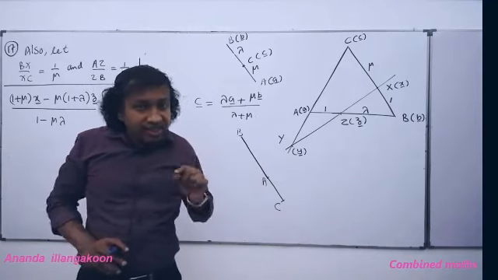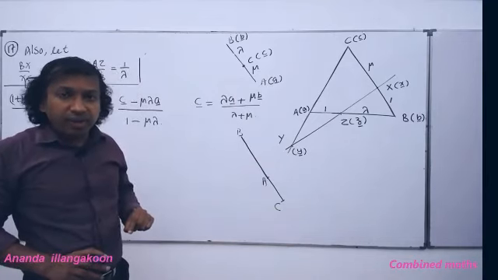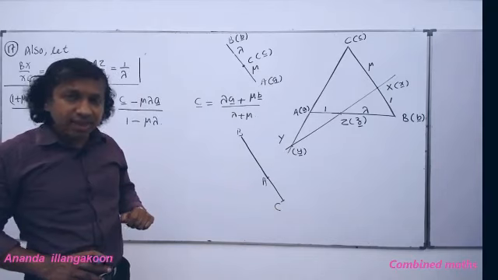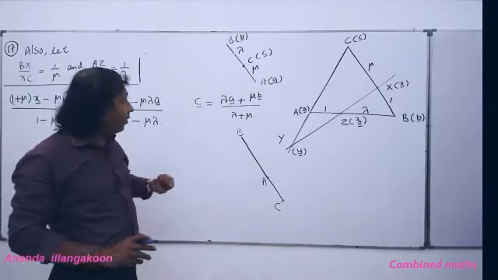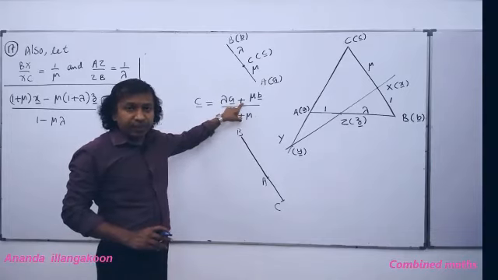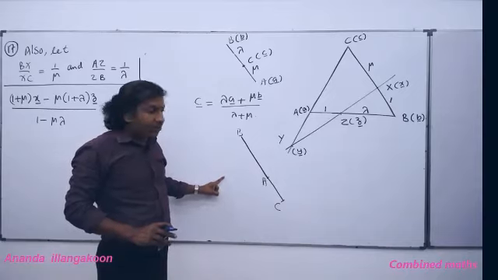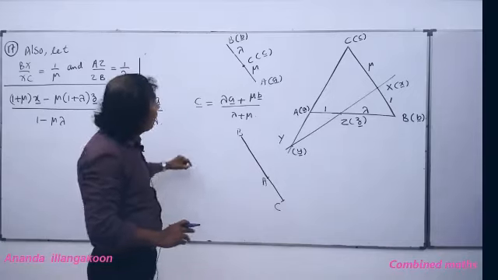The reason is C is not lying between B and A. On the line extended BA, it lies. That occasion, people, this numerator sign, one vector will be negative. We can very easily take that one, right? So shall I take that one now?